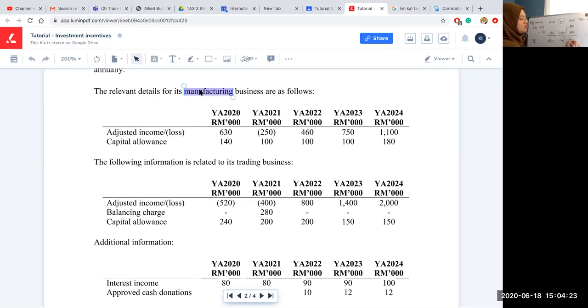So you have 260 here. Then 750, you don't have any brought forward, but current year is 100 also. So here is 650. And the final year you have 180. So you minus 100, minus, 920. Do you have this figure?